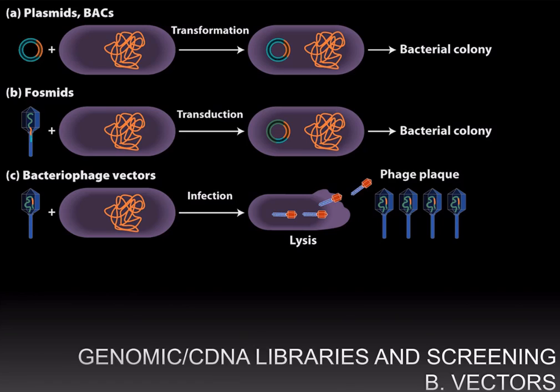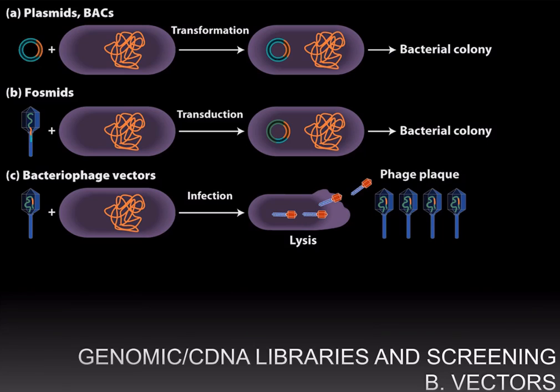But once the fosmid or the bacteriophage is inside, the cos sites cause it to circularize, and you now again, similar to a plasmid, get a circular episomal piece of DNA that replicates with the bacterial chromosome, and you get bacterial colonies. Unlike fosmids that lack the viral DNA replication machinery, bacteriophage vectors have all the machinery required for infection.